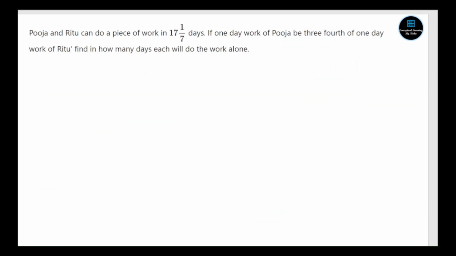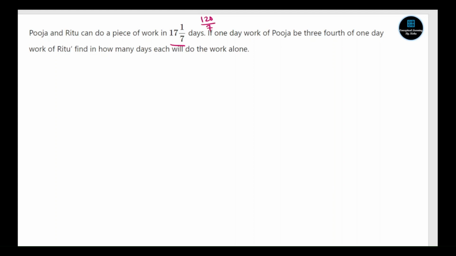Now one more very interesting question. So Pooja and Ritu can do a piece of work in 1 over 7 days. So when I simplify them, we'll get 120 over 7.